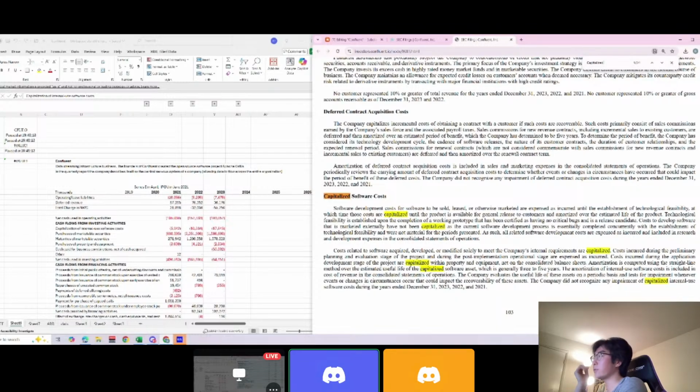Software development costs for software to be sold, leased, or otherwise marketed are expensed as incurred until establishment of technological feasibility, at which time these costs are capitalized until a product is available for general release to customers, and amortized over the estimated life of the product. Okay.